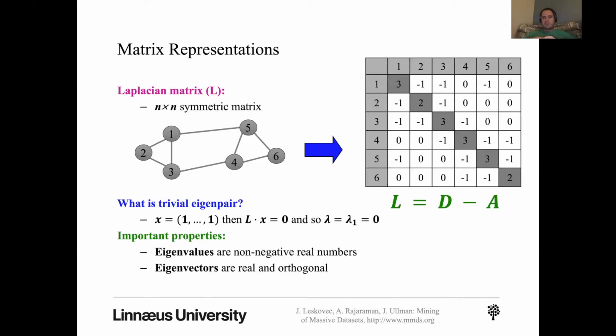You don't have to care about very complicated math, because they are symmetric and square, so it just fits in, and it's easier to extract eigenvectors, because they are real and orthogonal, and the eigenvalues are non-negative real numbers.